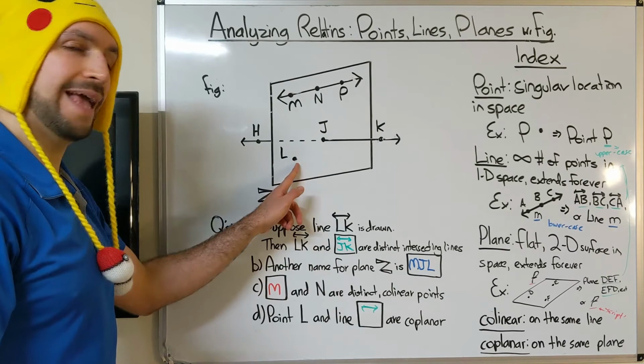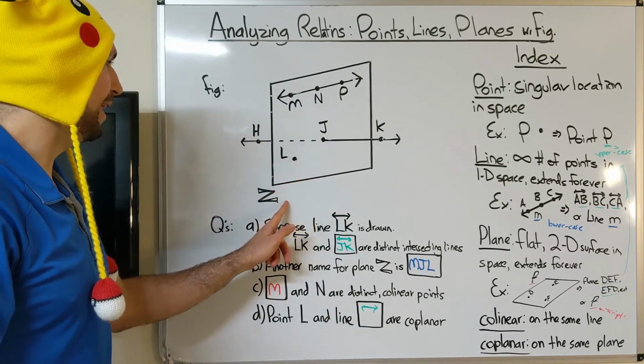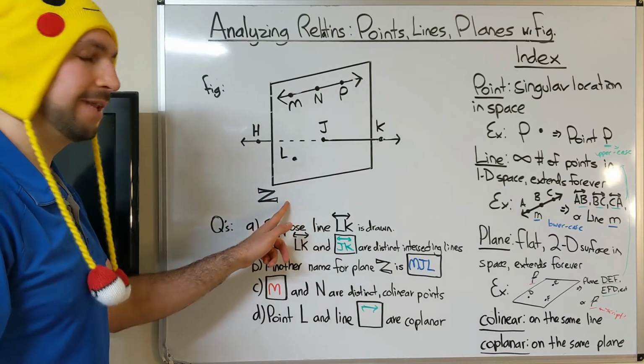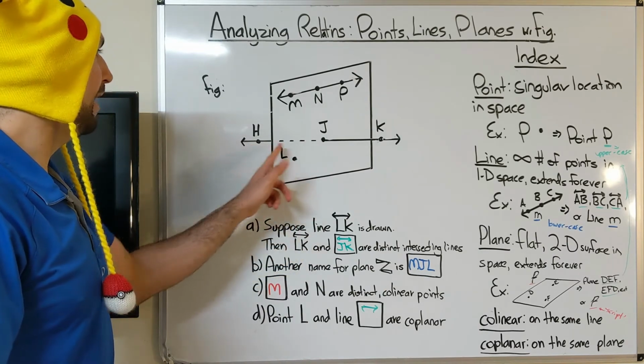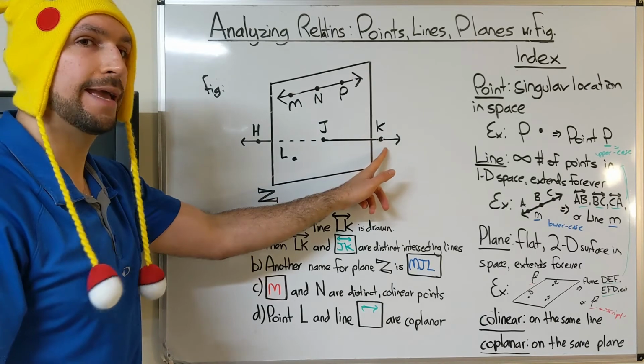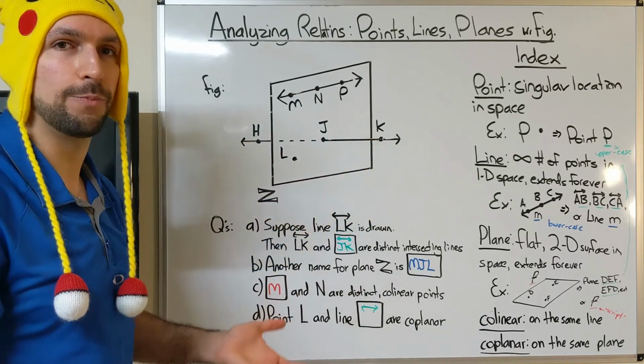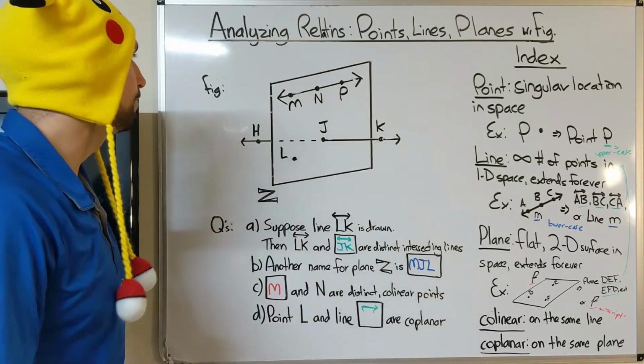If I look, point L is on plane Z. So I need a line that is also on plane Z. Well, if we look at HJ or JK, they're the same line and they go through that plane, so they're not coplanar. They're piercing that plane.